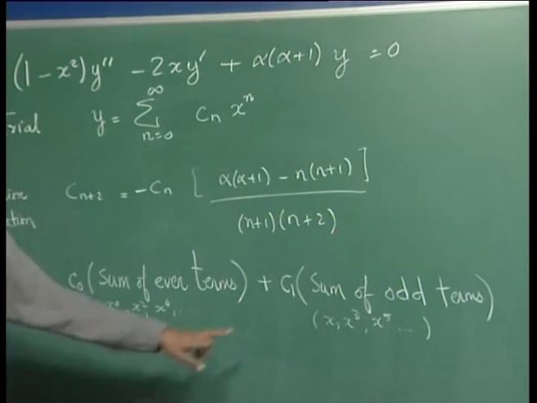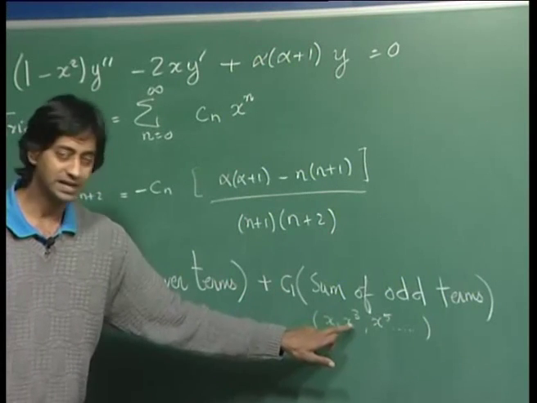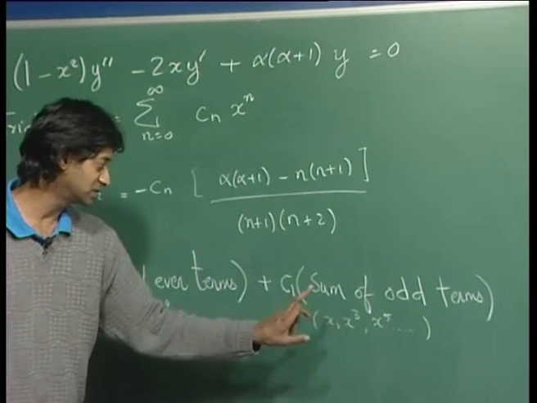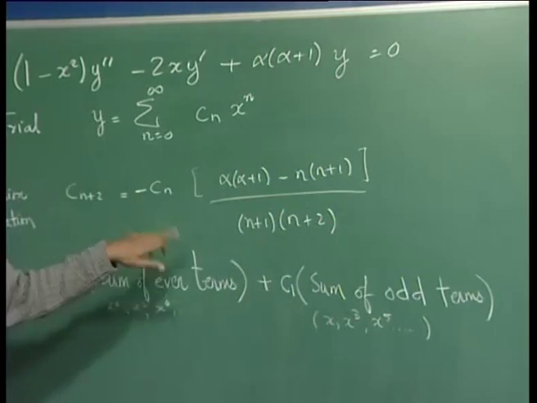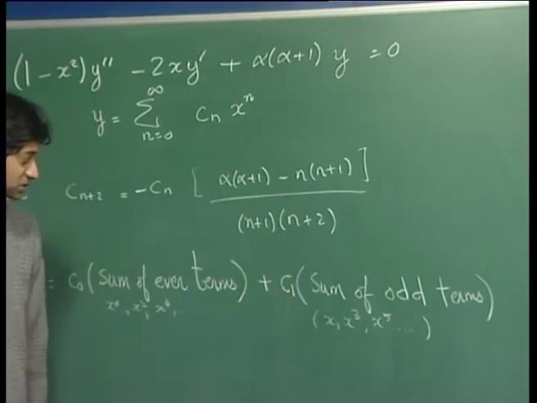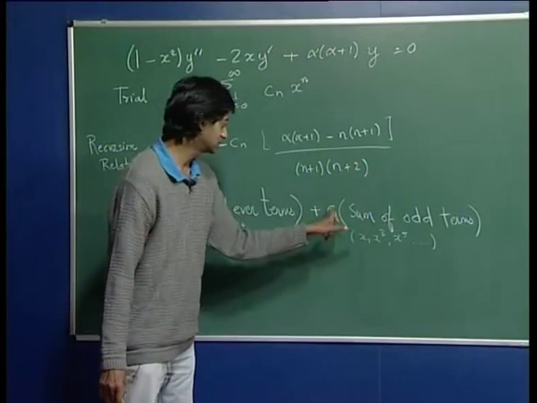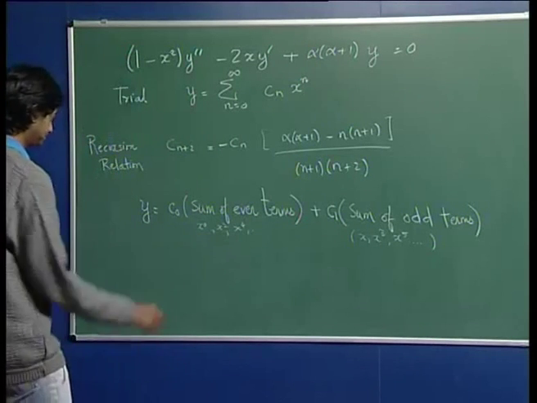So, it will have C1 x, C3 x cubed, where C3 is proportional to C1, with a constant of proportionality times C1 and so on.